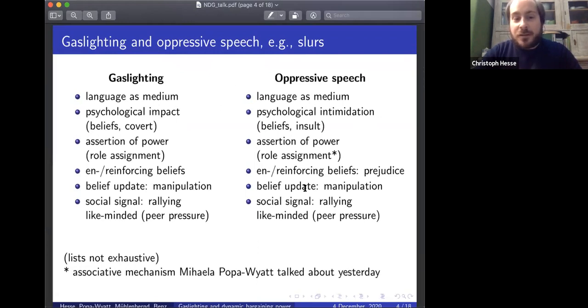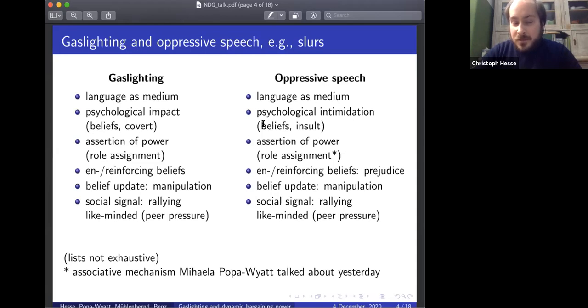So here I'm just comparing different aspects that gaslighting and oppressive speech have in common. They're both using language. They both have a psychological impact. Gaslighting is trying to manipulate the victim's beliefs, but importantly, it's covert.